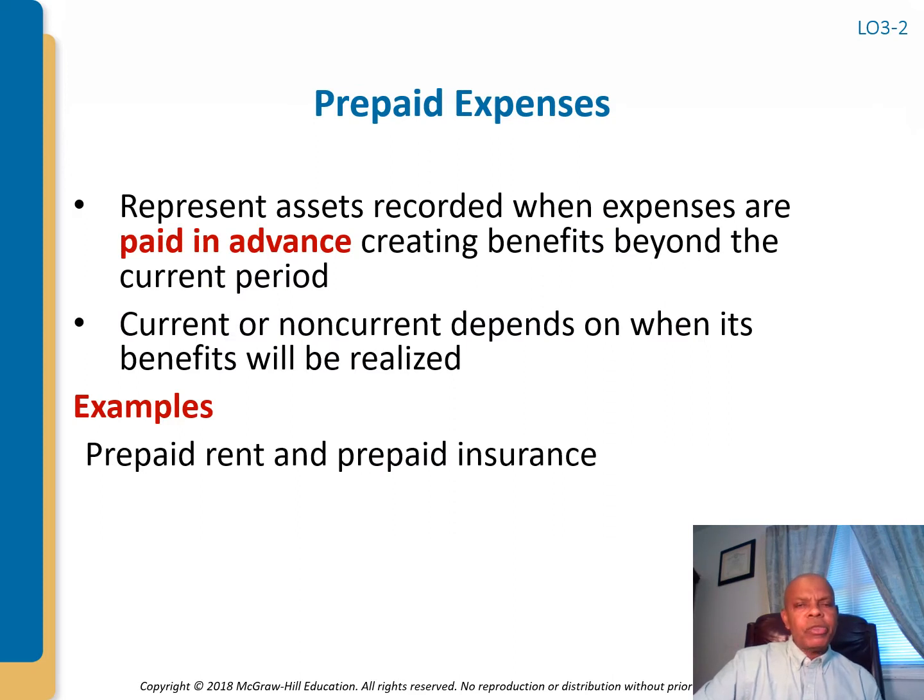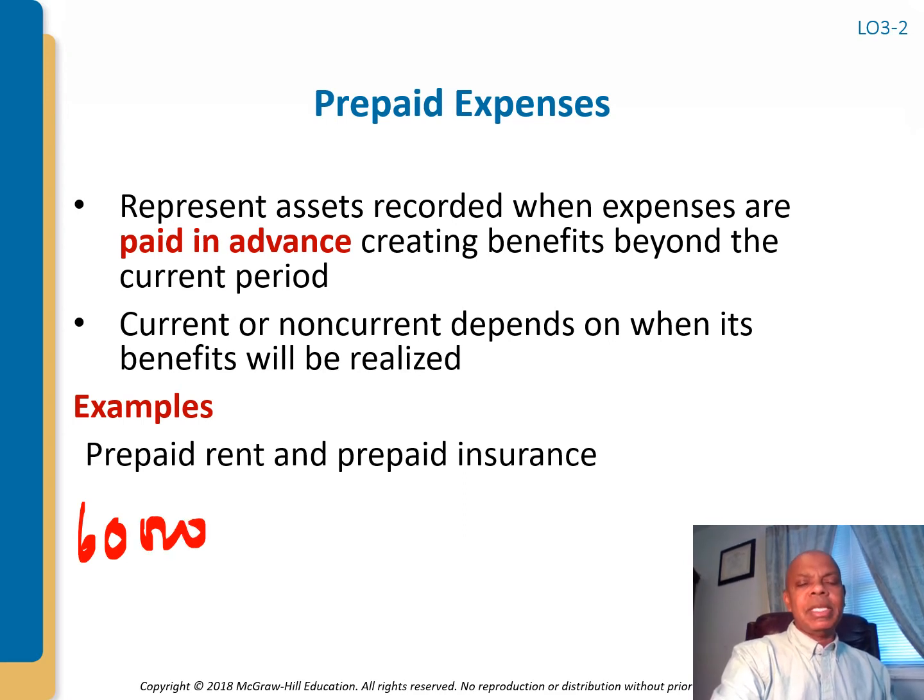Prepaid expenses, we discussed that in the prior chapter as well. They represent an asset recorded when expenses are paid in advance, creating benefits beyond the current period. Current or non-current depends on when this benefit will be realized. Examples are prepaid rent and prepaid insurance. Say we pay rent of $60,000, similar to the examples we saw before, for 3 years.